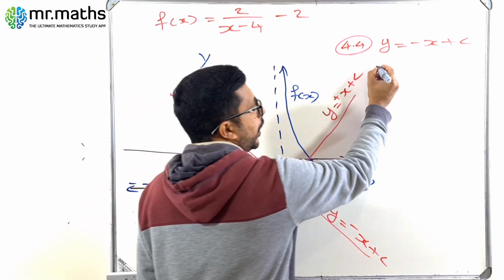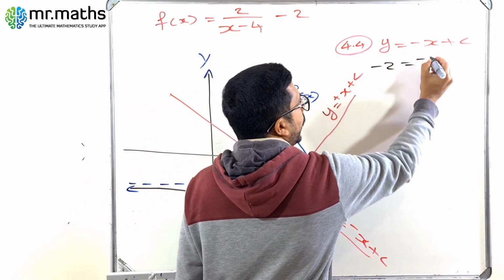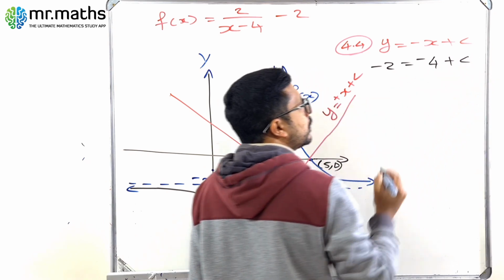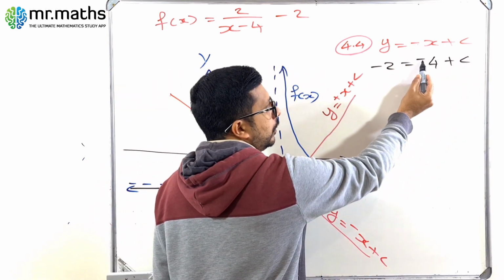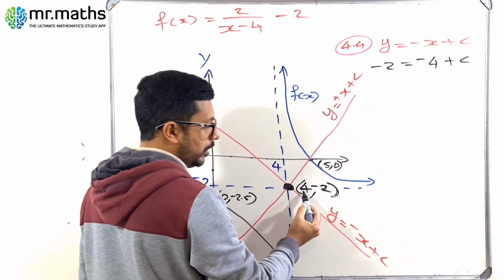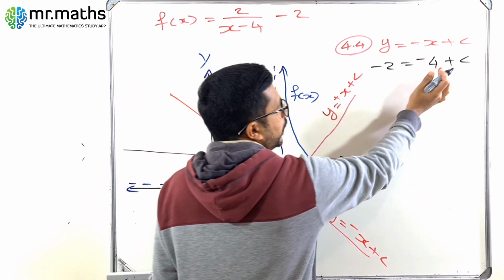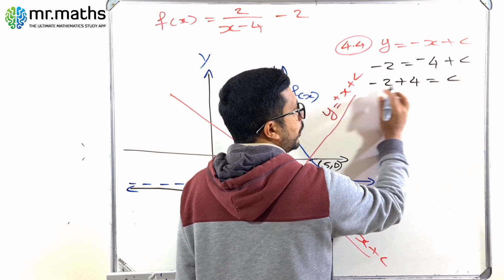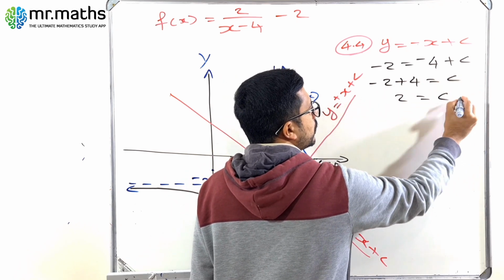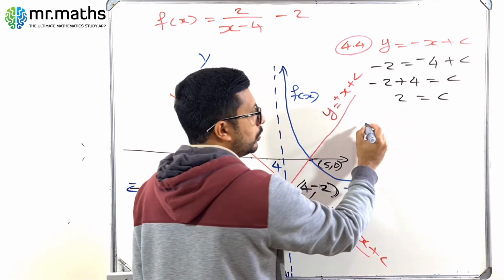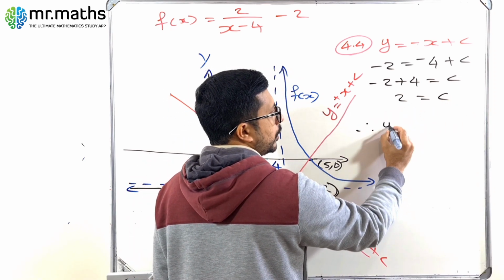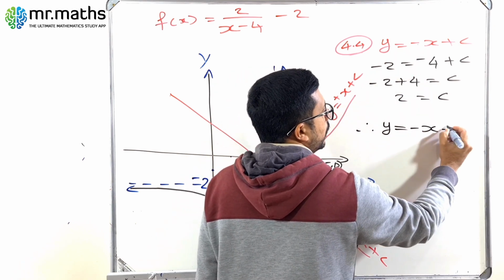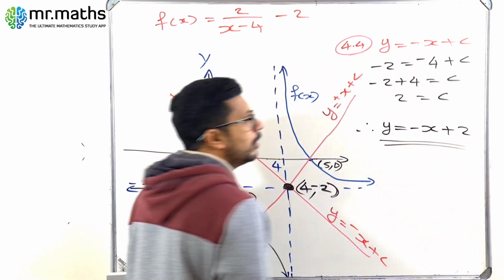Minus 2 is equal to minus x, and x is 4 at this point, plus c. So take this minus 4 to this side. Minus 2 plus 4 is equal to c. Minus 2 plus 4 is 2, so c value is 2. So what is the equation of the axis of symmetry having negative gradient? y is equal to minus x plus 2, and this is the answer.